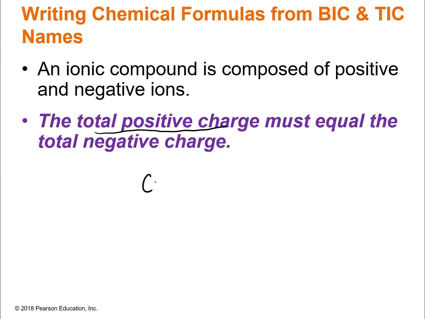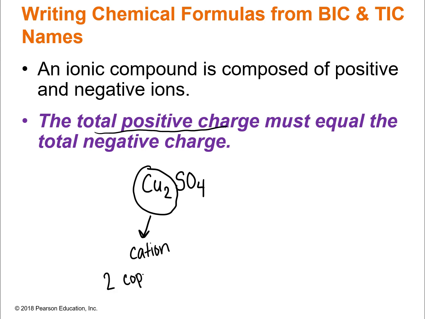So to use that example, again, just to make sure that we understand it, this part, that's our cation. We have 2 copper 1 ions. That's what copper 1 looks like.